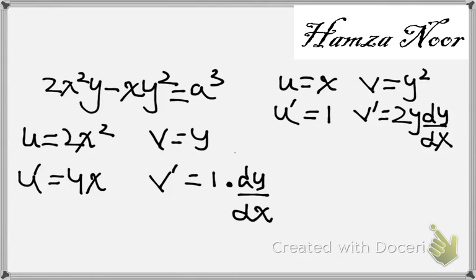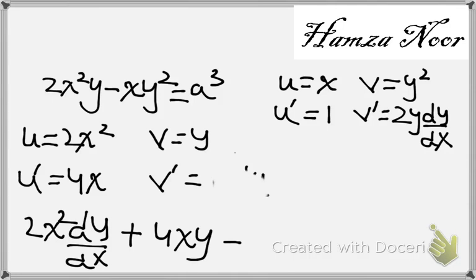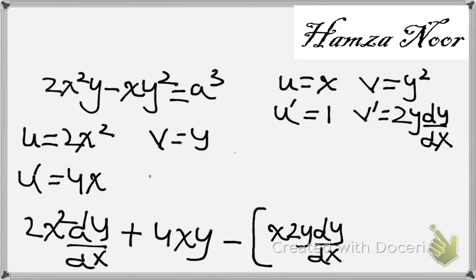Therefore, the next step of the working: uv' plus vu'. So 2x² dy/dx plus 4xy, then you have a minus sign, then x times 2y dy/dx plus y².